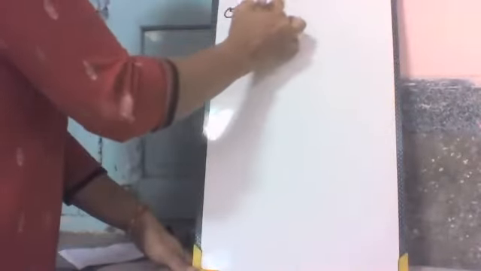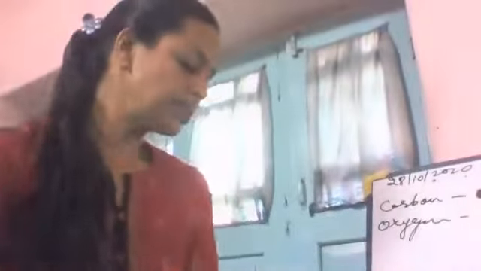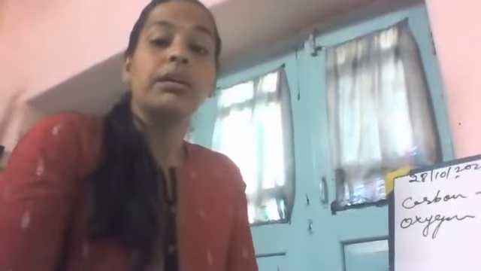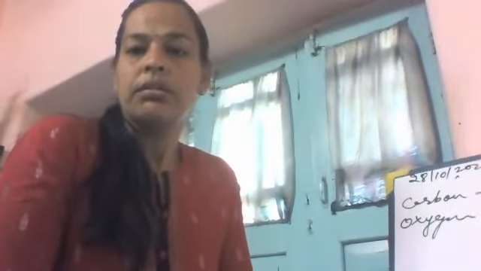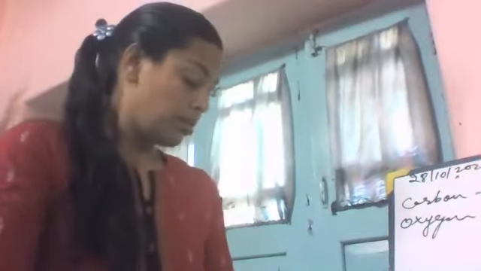Then oxygen. So see about this. A triangle in a circle, there are some symbols and some structures given for the elements.